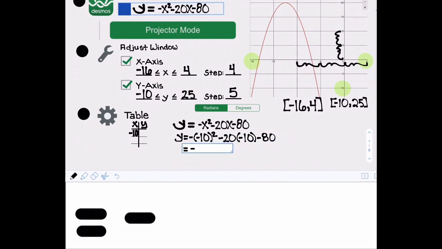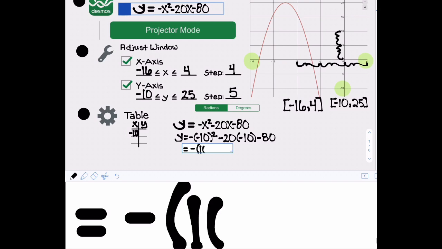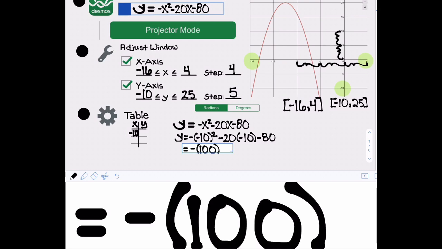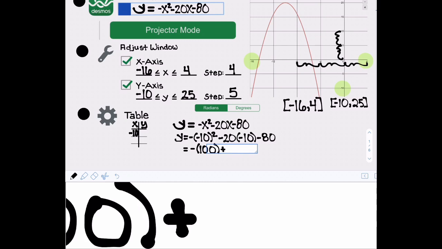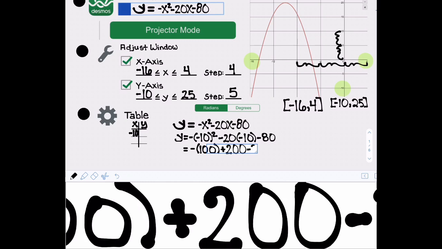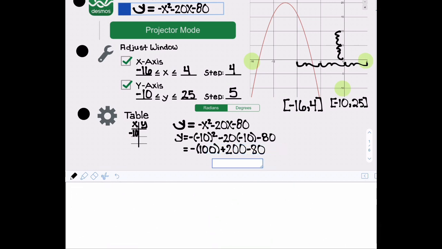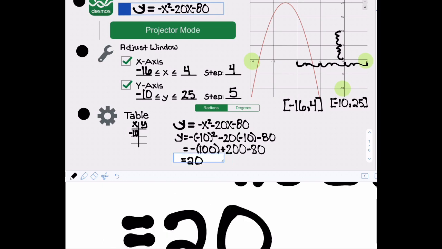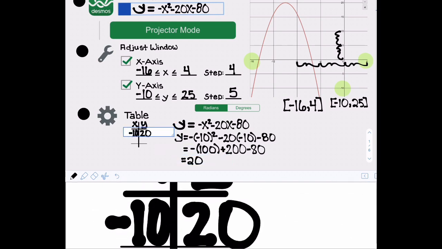Be careful, a negative here is not a positive. We want to do exponents before multiplication. So -10 times -10 is 100, which will then be multiplied by that -1 out front. And then negative 100 plus 200 minus 80 is 20.